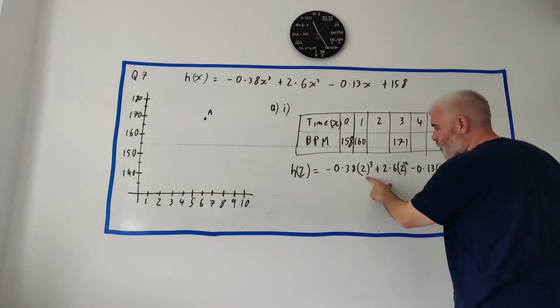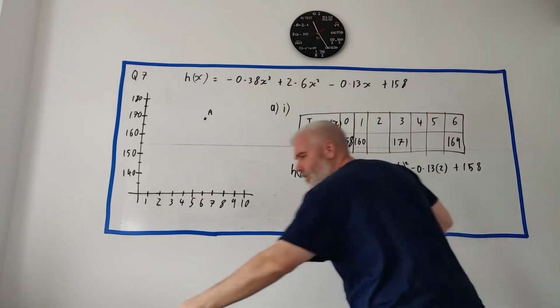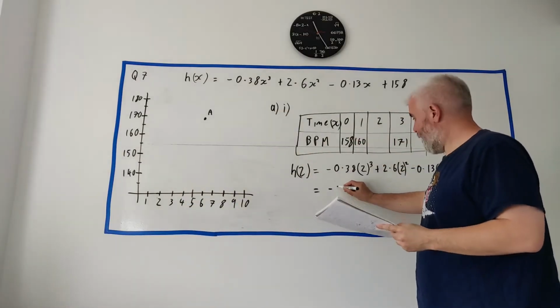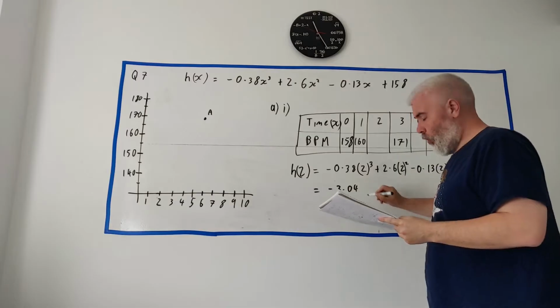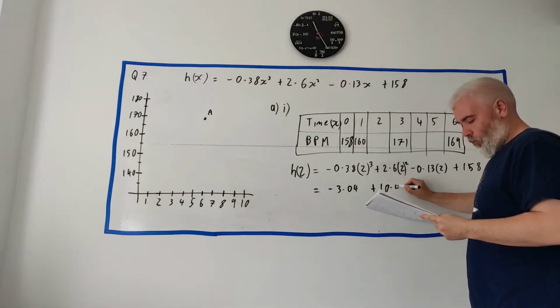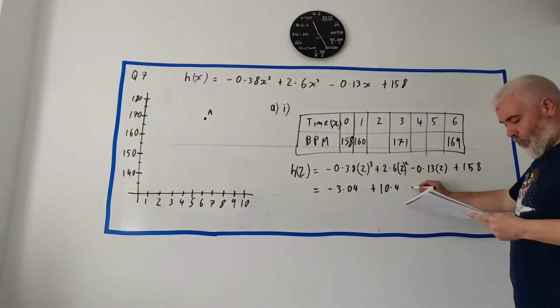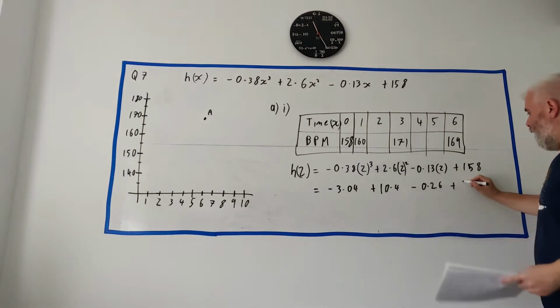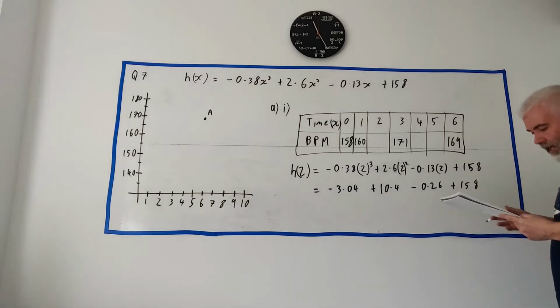2 times 2 times 2 is 8. 8 times this. I think I've done these numbers. I have, okay. This is minus 3.04. This one will be plus 10.4. Here will be minus 0.26. Plus 158.